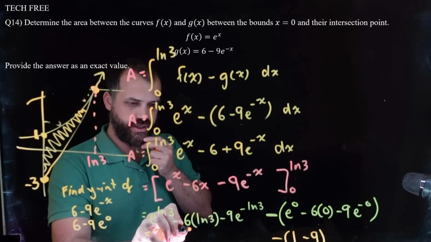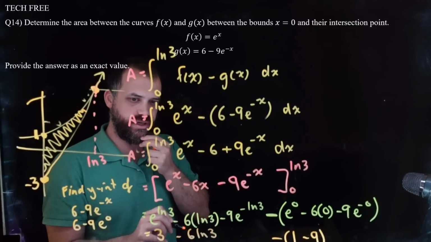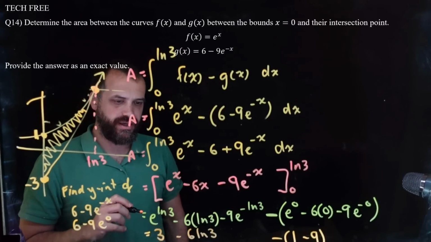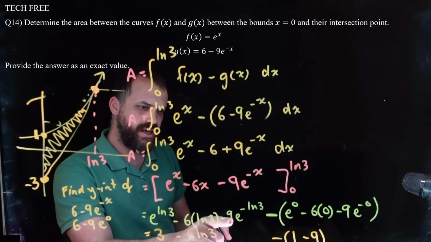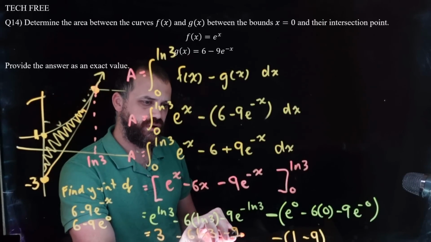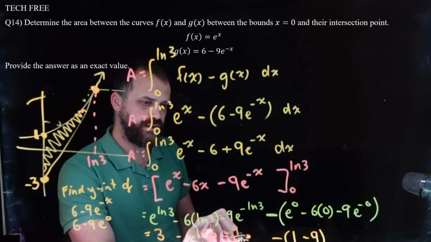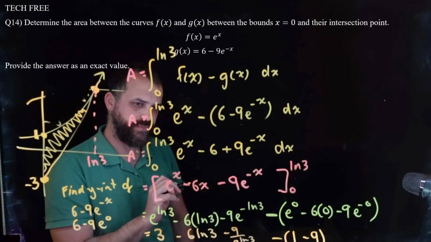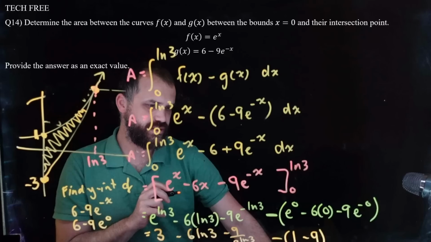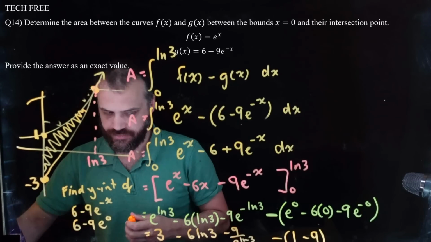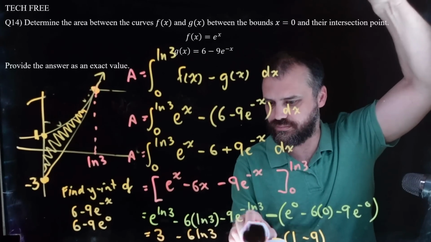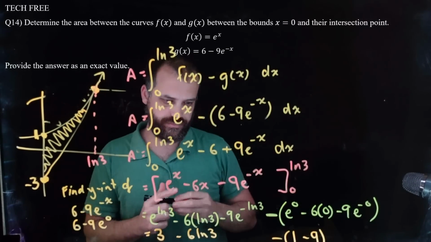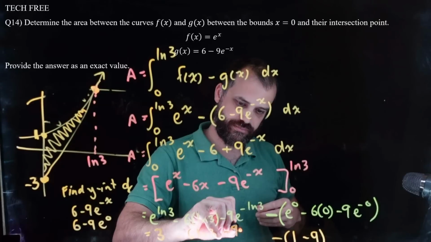All right, minus 6 ln3. Not much I can do with that. And the last one I've written out for you already, negative 9 over e to the ln3, right? Because we've got a negative power there, which brings that e down. And we've already established that e to the ln3 equals 3.